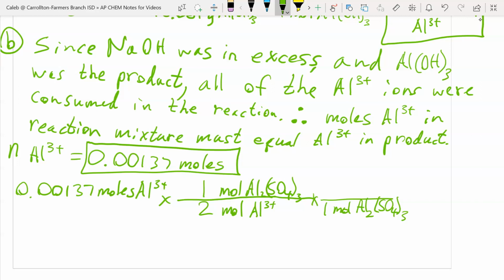We end up with 342.14 grams of Al2(SO4)3, and then we would be able to find our answer: 0.00137 times 1 over 2 times 342.14 over 1, and you end up with 0.234 grams of Al2(SO4)3.